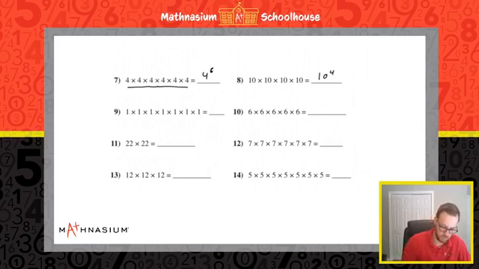Number 8 is 10 to the 4th. Number 9 is 1 to the 7th power. Very good. Number 10 is 6 to the 5th. Number 11, my base is 22, and my exponent is 2. Write that a little bit neater.